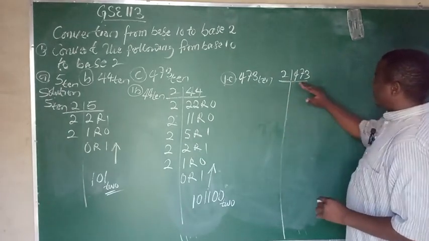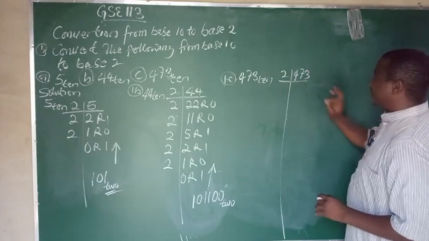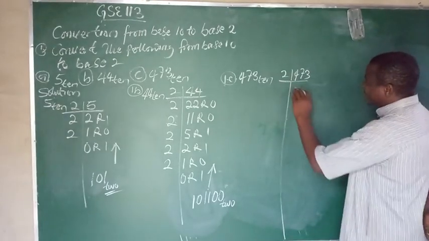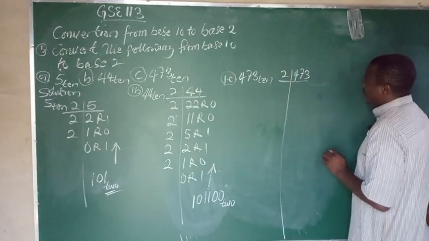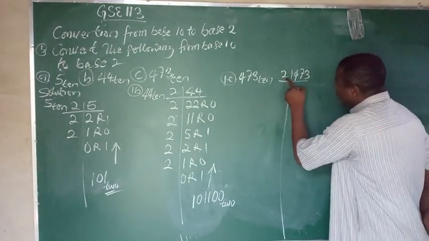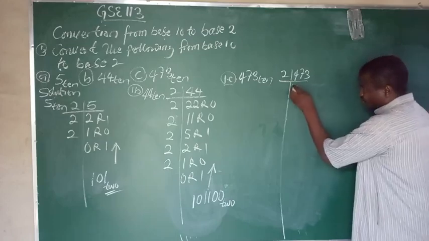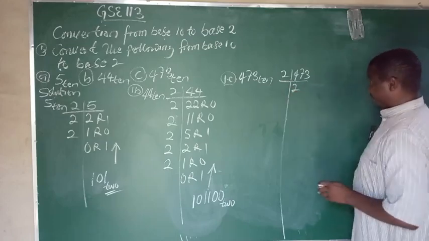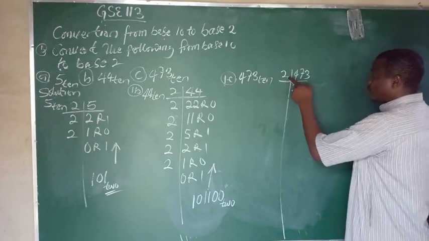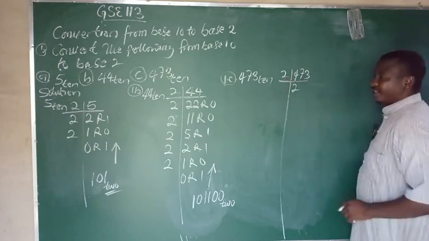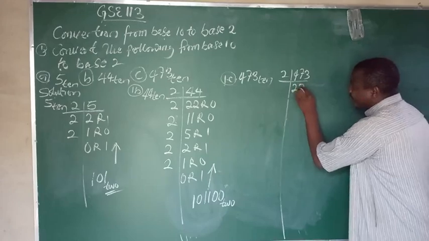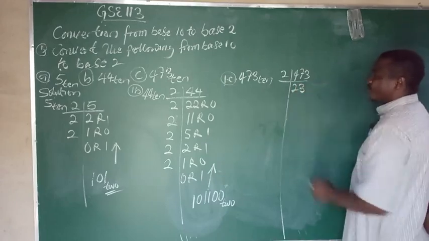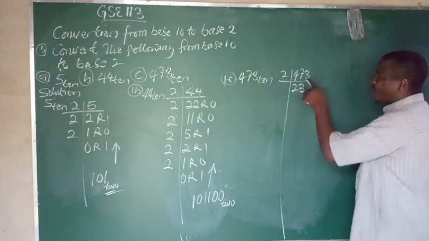Very simple. This number is a little bit higher, so we can divide in this way. 2 into 4, it will go 2 times. Then 2 into 7, it will go 3 times. 3 times 2 is 6. It means we have remainder here 1.